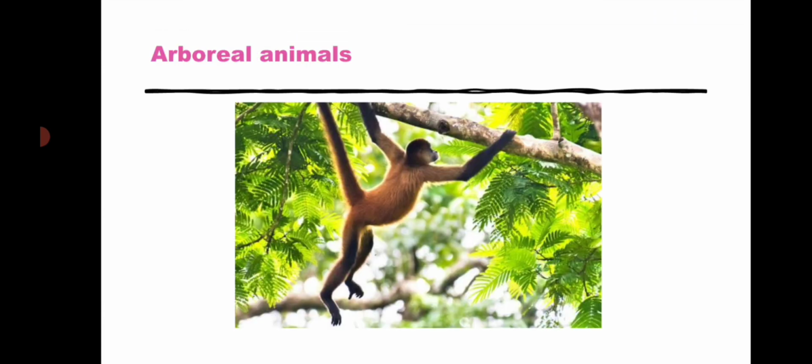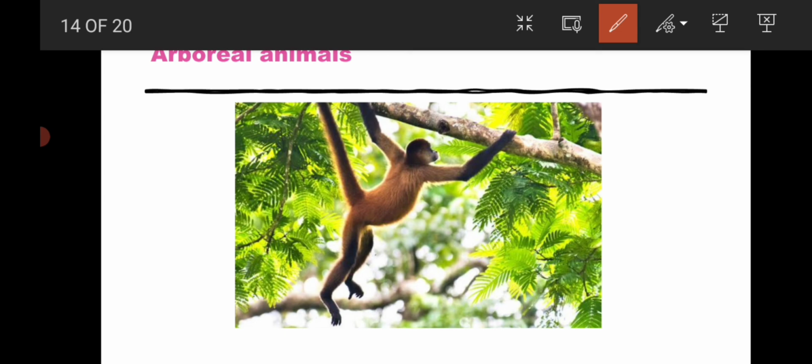Next, coming to the arboreal animals. What are arboreal animals? Arboreal animals are those animals that spend most of the time in the trees. You can see the monkey. The monkey is like a man only. They have two hands and two feet. All 4 limbs are used for climbing and jumping.